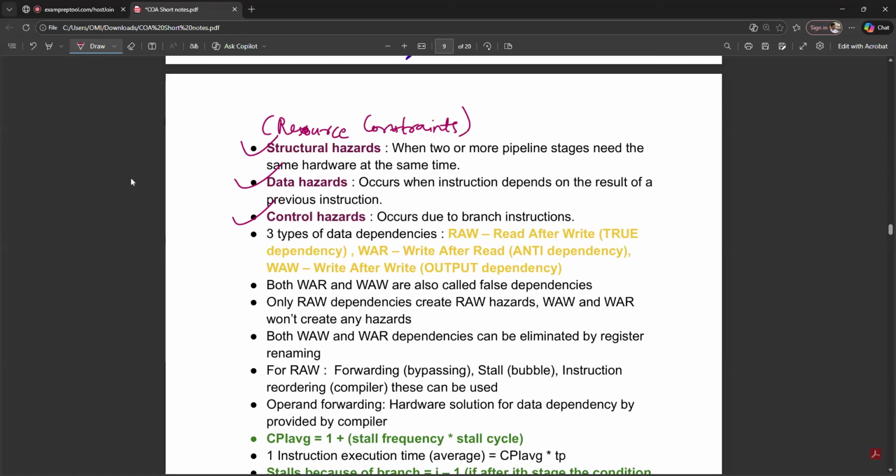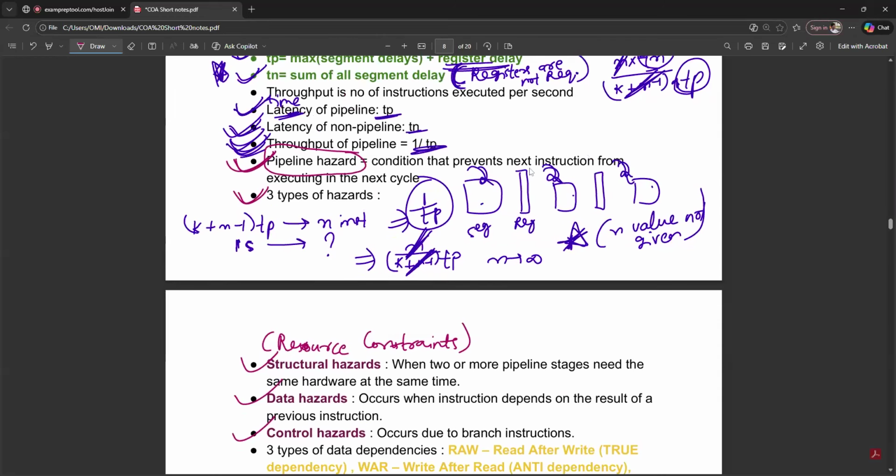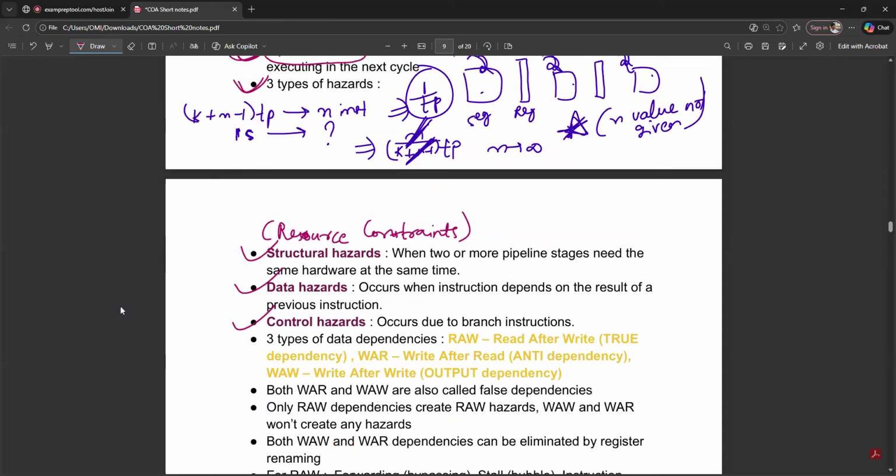Hazard means some condition which prevents an instruction from executing. Any condition which can prevent it from executing is called a hazard.